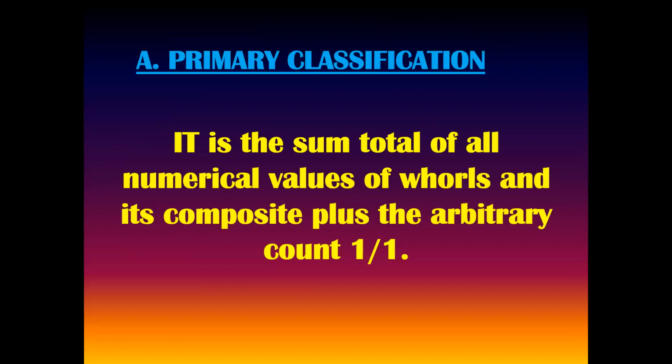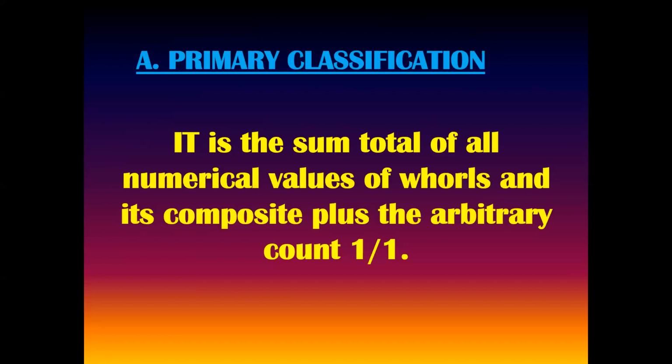So meaning that when all your fingers, including your thumb, have whirls in them, then the value of your primary will be 32/32. However, if the value of your primary classification is 1/1, then it would mean that there are no whirls to be found anywhere in the fingerprint card or in the 10th print card.